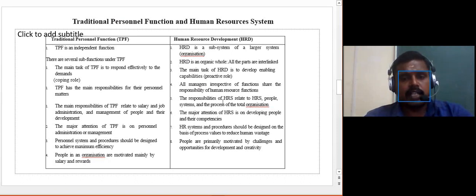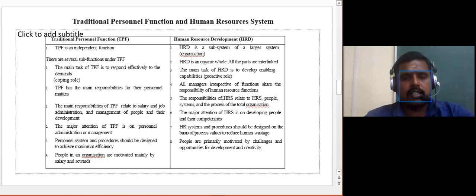But coming to this side, the responsibilities of the human resource development system concern the system, the people, and the process of the total organization. And the next thing is that the major attention of traditional personnel functions is on personnel administration, or else the management system.